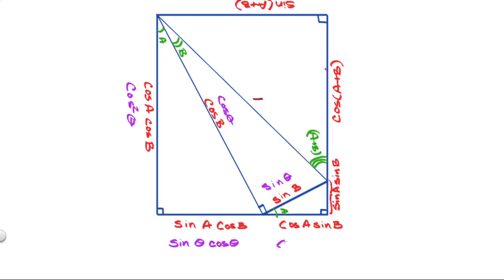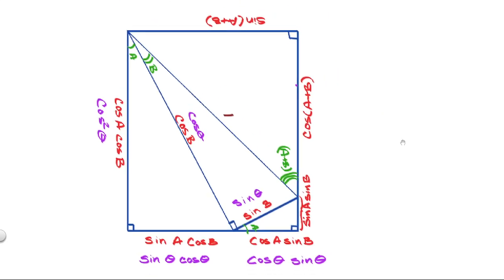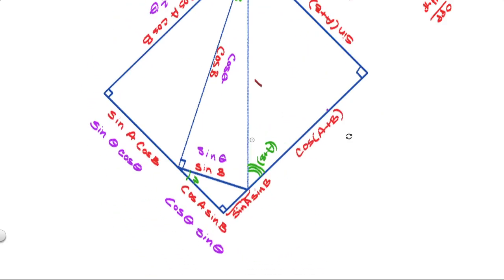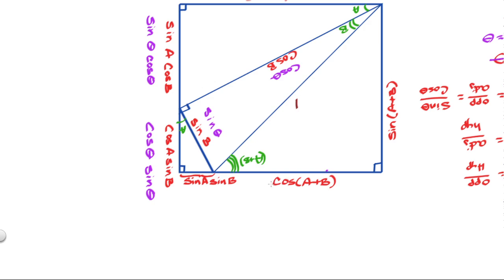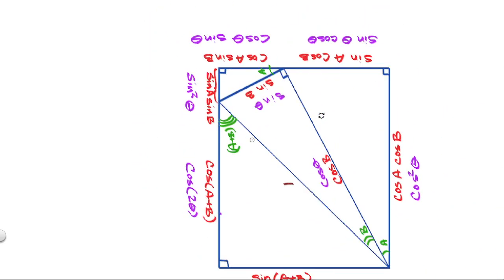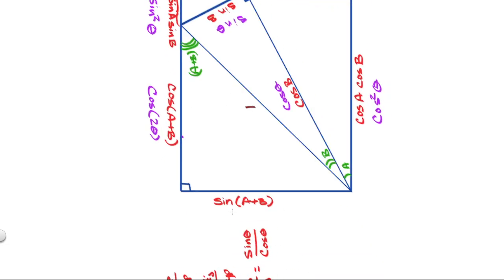Here we would have cosine theta sine theta. And continue around. Over here that'd be sine squared theta. Here we'd have cosine 2 theta. And finally, on the last side of our rectangle, we have sine 2 theta.